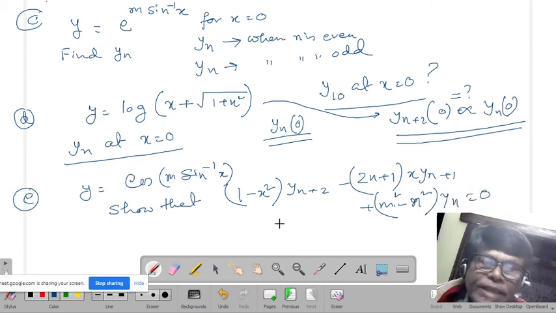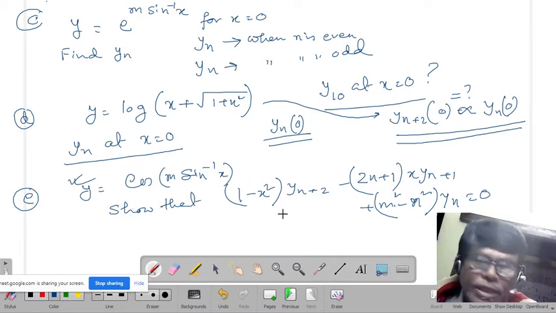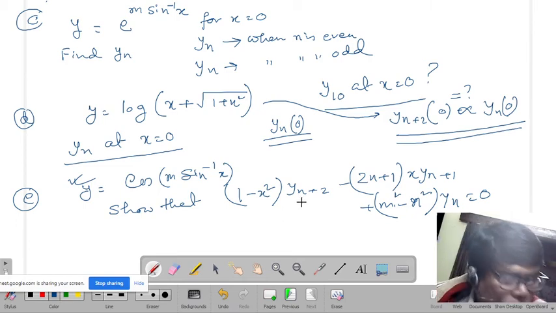This is called Bessel's equation, and it can be generated from this given relationship. So these are 5 sums.